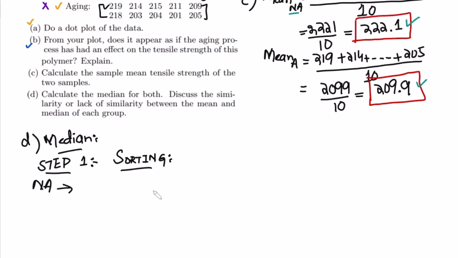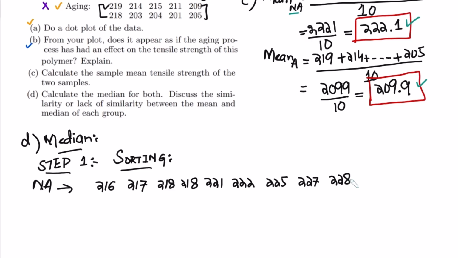The sorted no aging data is 216, 217, 218, 218, 221, 222, 225, 227, 228, and the last one here is 229. This is for the no aging data.